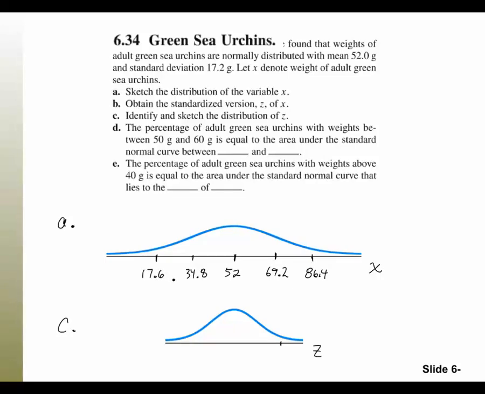And then it says the standardized version Z of X. So who got that? Z equals, Shelley, did you get that? How do we find Z given some value of X? If you had X, how would you calculate the Z score? Don't remember?